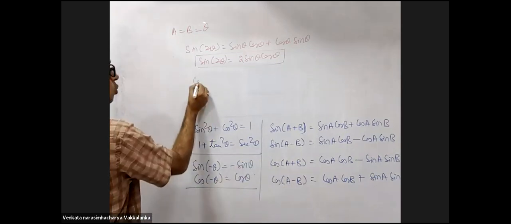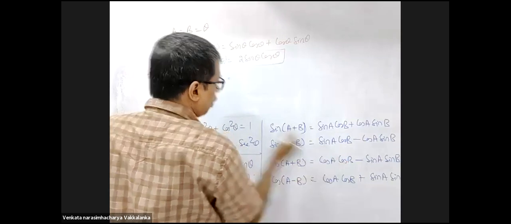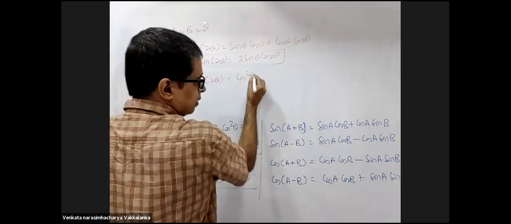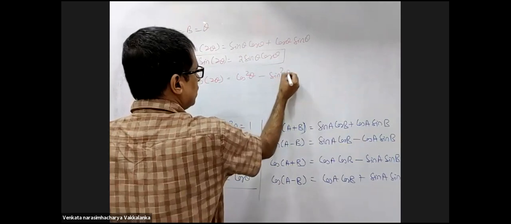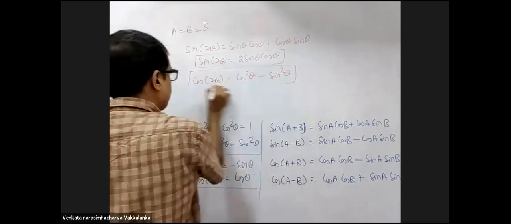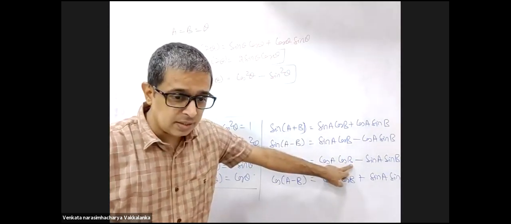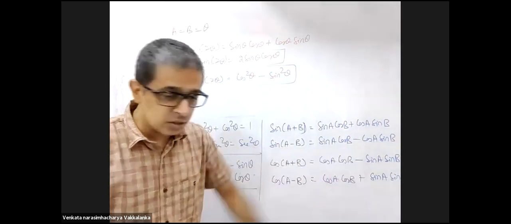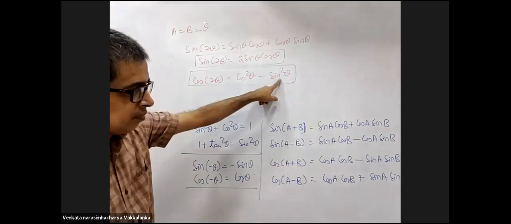Similarly, cos 2 theta will be cos square theta minus sin square theta. I put A as theta, B as theta, and this becomes cos square theta minus sin square theta.